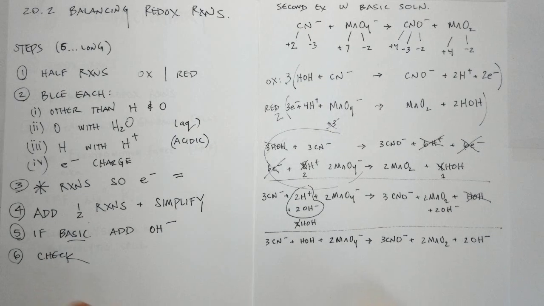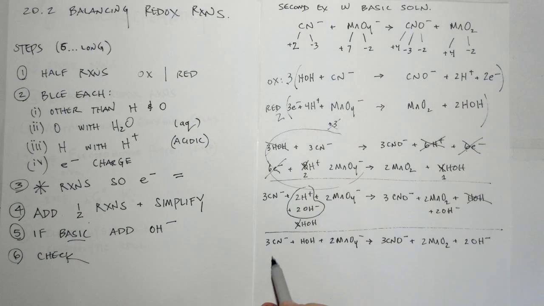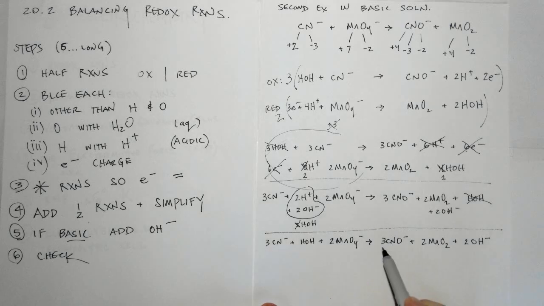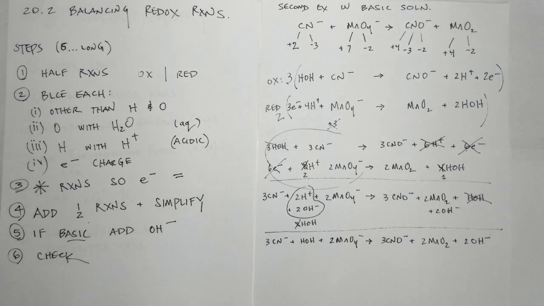Oh boy, dangerous time. So I have 3 carbons and 3 carbons, 3 nitrogens, 3 nitrogens, 2 manganeses, 2 manganeses. Those are the easy ones. 2 hydrogens, 2 hydrogens, and now the oxygens. 8 plus 1 is 9 oxygens. 3 plus 4 is 7, 8, 9 oxygens. Wow, it's balanced for mass.